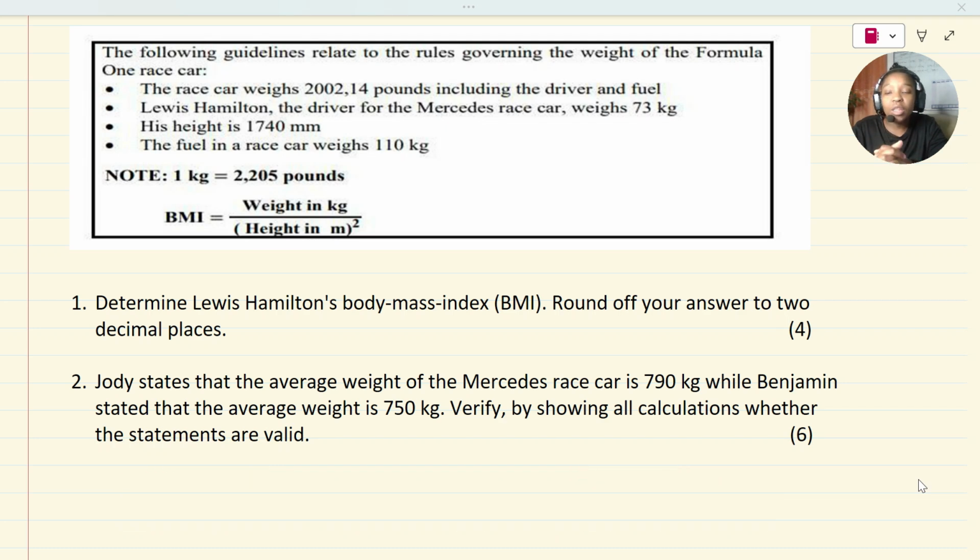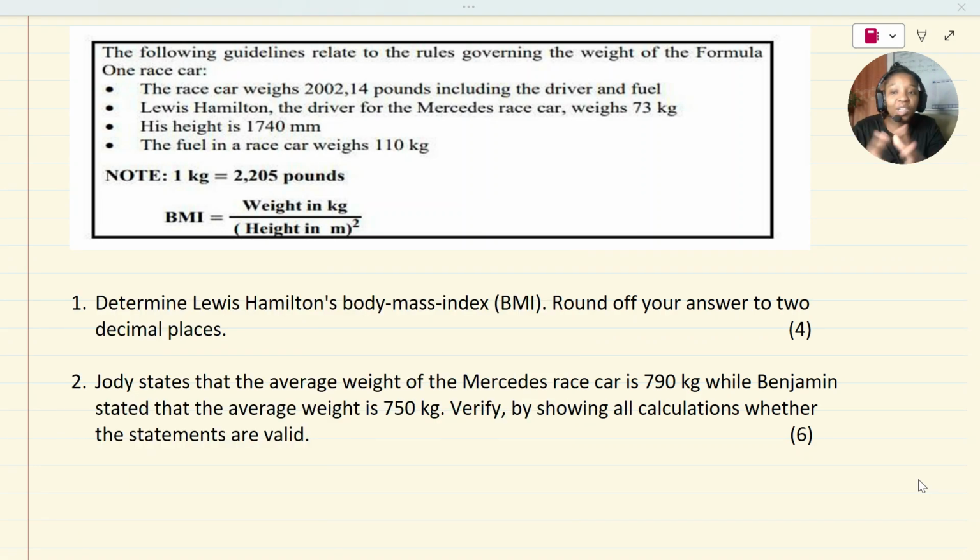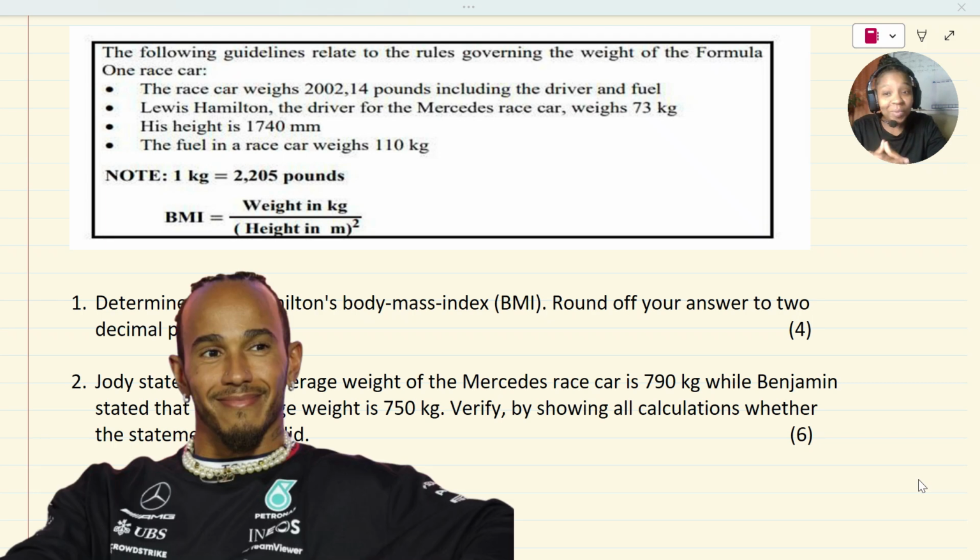I also explained in the previous video tutorial that when we're calculating BMI, we're trying to obtain a value in the units kilograms per meter squared, and that value helps us determine a person's weight class. Once we have a person's BMI, we are able to determine whether a person is underweight, normal weight, overweight, or obese.